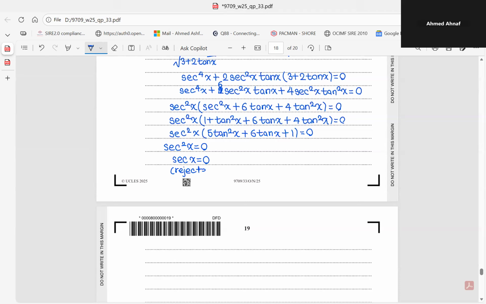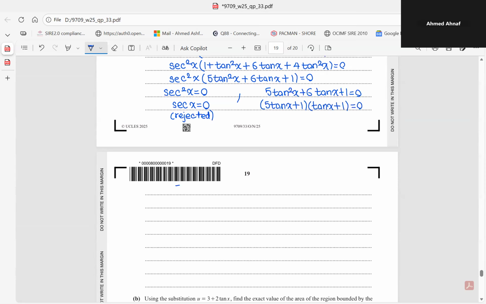Okay. So our only option is this quadratic in terms of tangent: 5 tangent square x plus 6 tan x plus 1 equals 0. So let's try to factorize it. We get 5 tan x plus 1 times tan x plus 1 equals 0.